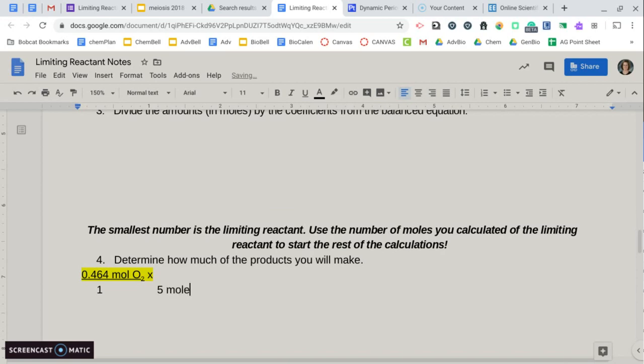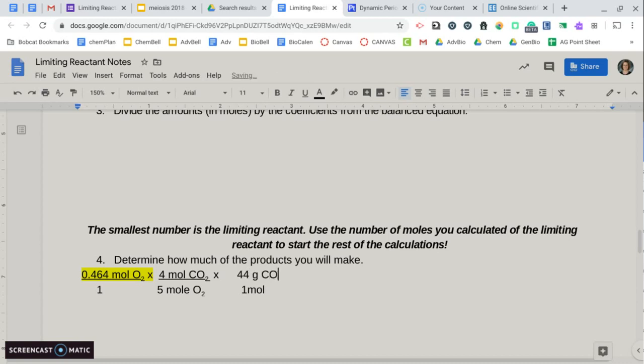So I'll do 5, and then the 4. Underline it. And then I'm going to change that to grams. I want my 1 mole on the bottom so it cancels, and then the mass of carbon dioxide on the top, which is 44 grams.